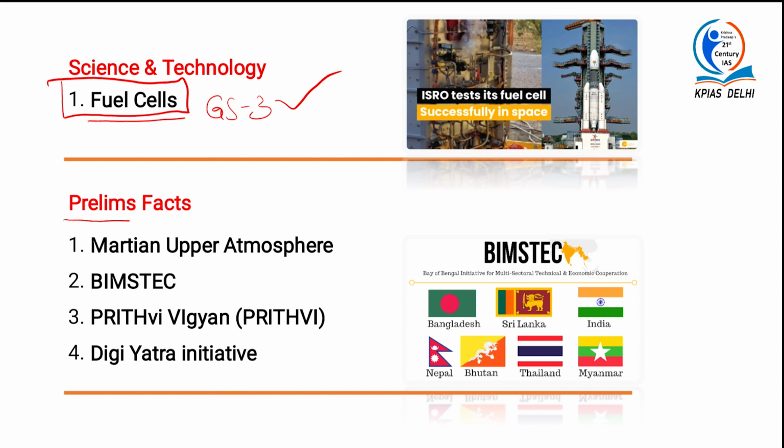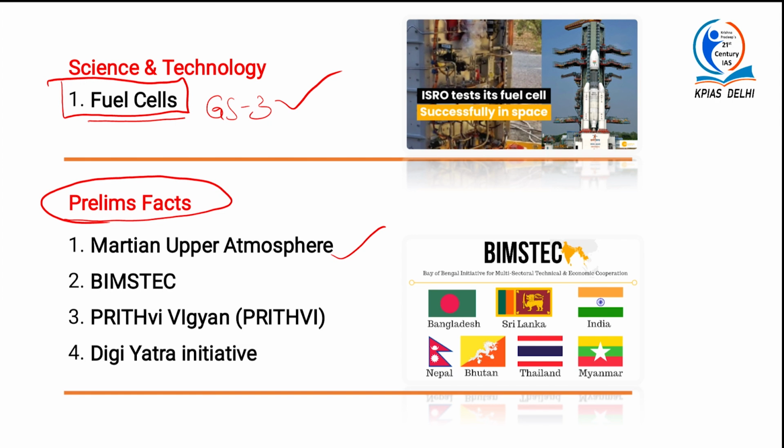Next, we are going to look at some important prelims related topics which are important for your examination as well. One such important topic is the Martian upper atmosphere. It is regarding Mars. The scientists have detected the existence of some high frequency plasma waves in the atmosphere.